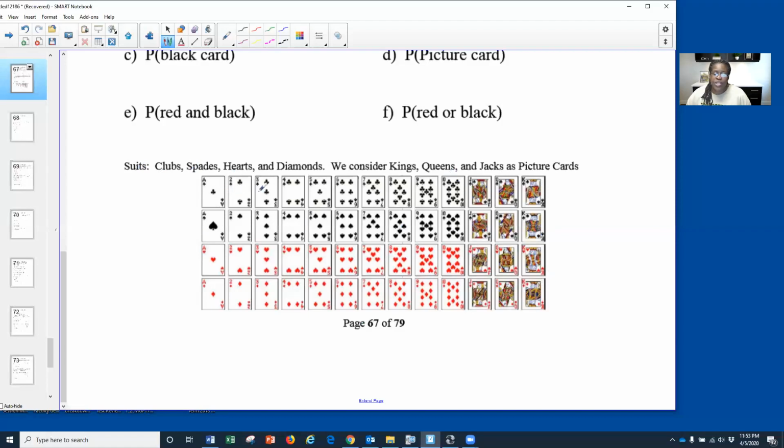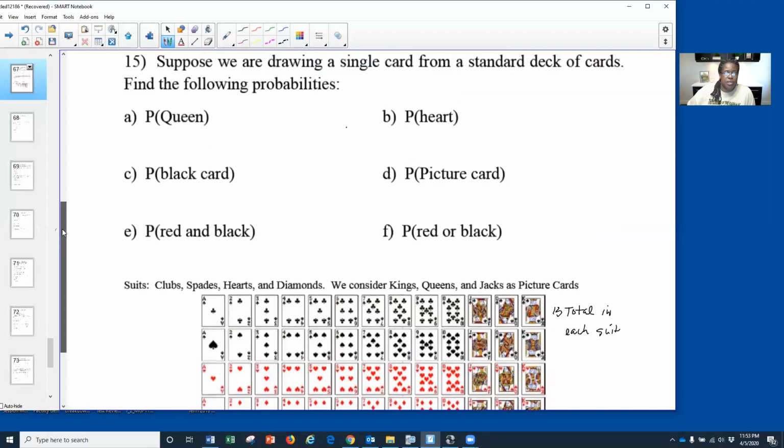And know that each suit has 13 cards. Again, you can count them yourself, but you have 13 cards in each suit, right? Okay, so now that we've gone over that, that's going to help us answer some questions here.